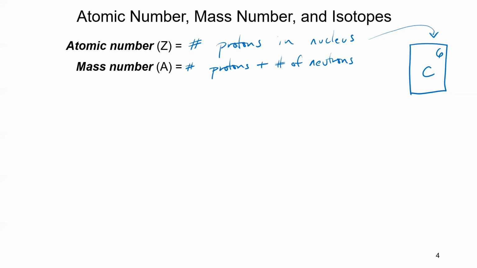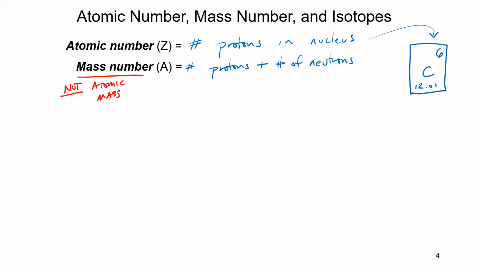Now, when we look at the periodic table, if we look at carbon, it's got 12.01 underneath it. Right? We can't have 0.01 of a proton or 0.01 of a neutron. And so the atomic mass and the mass number are not the same thing. Let me make sure that that's clear. So the mass number is not the atomic mass.